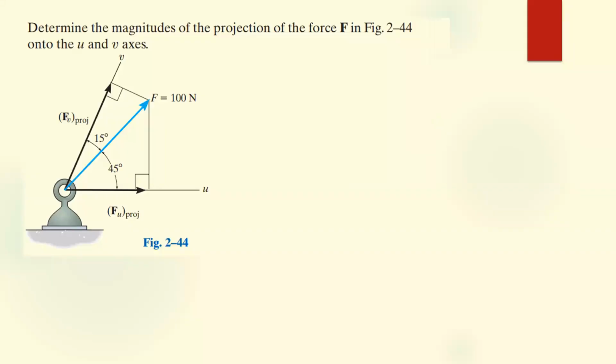Okay, so we have this question here, which says, determine the magnitude of the projection of the force F onto the U and V axis. So this one is straightforward. Like I said, if there is a 90 degrees somewhere like this, we are just going to use the normal SOHCAHTOA that we know.